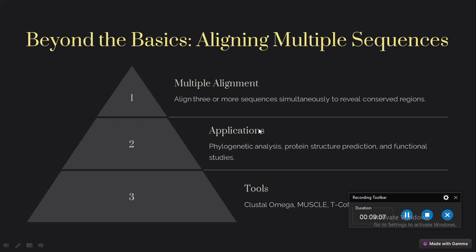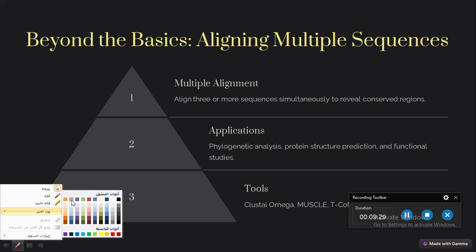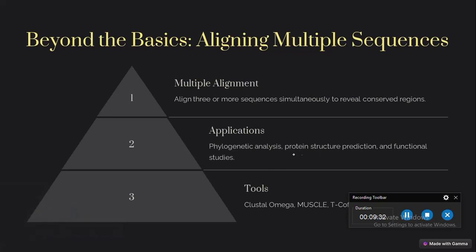Applications: if you are interested in phylogenetic analysis, which we will talk about in detail; if you need to understand or predict protein structure, how the sequence of amino acids forming a protein will fold, and from this structure I can infer its function; and functional study, where you try to understand the function of an unknown protein or an unknown DNA sequence.